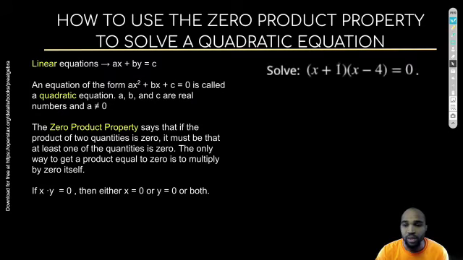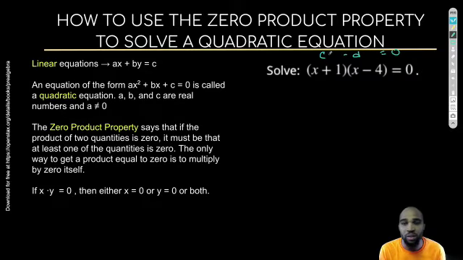So applying that to these factors, what would that mean? Let's not use x and y, let's use c and d. If this was c times d equals 0, what do you know about c and d?